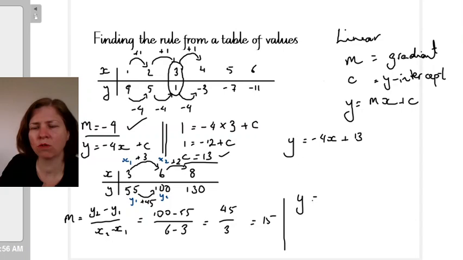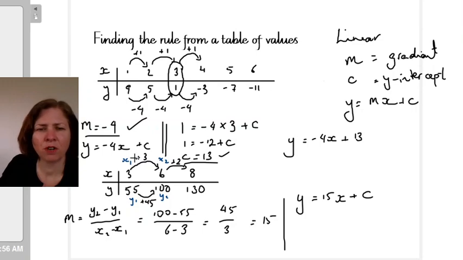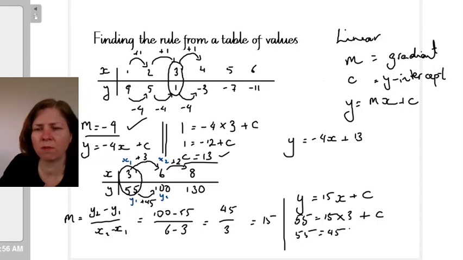So I've got y equals 15x plus c. Let's substitute in a value. None of these are very pretty. I'm just going to go with the first one, 3 and 55. So I get 55 equals 15 times 3 plus c. So 55 equals 45 plus c.